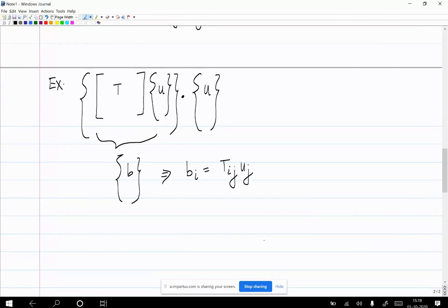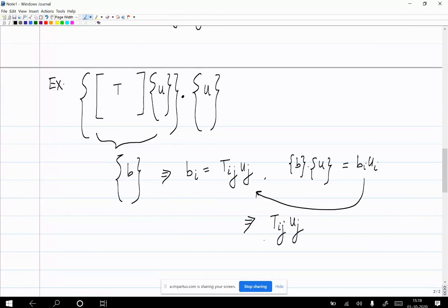And then I have to do B dot U, which is B_i U_i. So when you put it here, that expression becomes T_ij U_j U_i. Okay, so that is the indicial notation for that matrix vector expression.